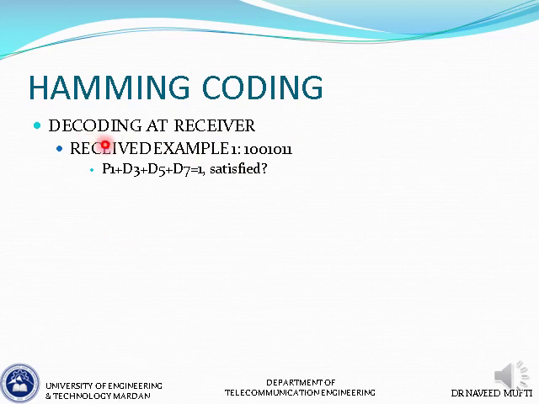So the value of P1 is 1, 1 plus D3, D3 is 0, so 1 plus 0 is 1, and this 1 is then added to D5. So the value of D5 is 0, so 1 plus 0 is 1, and then this 1 is now added to D7, the value of D7 is 1, so 1 plus 1 is 0.